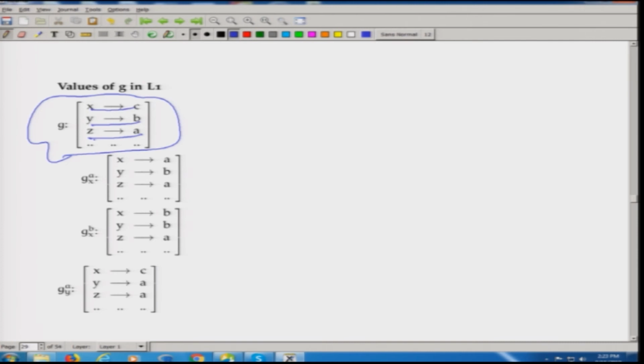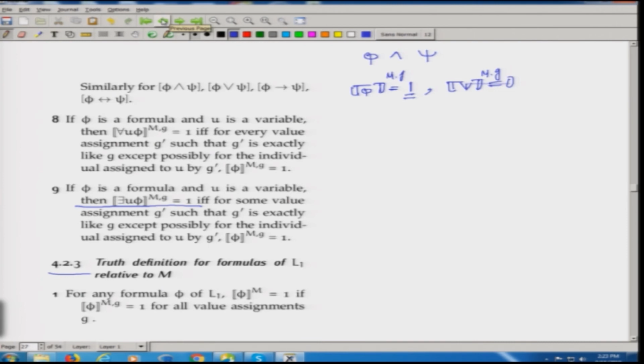What is G prime? If you remember, the definition of G prime is this. The definition of G prime is a value assignment G prime such that G prime is exactly like G except possibly, very important word, except possibly for the individual assigned to you by G prime.